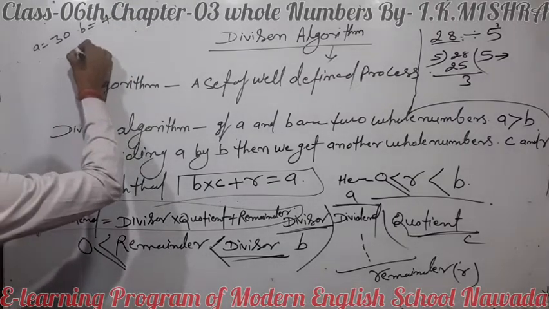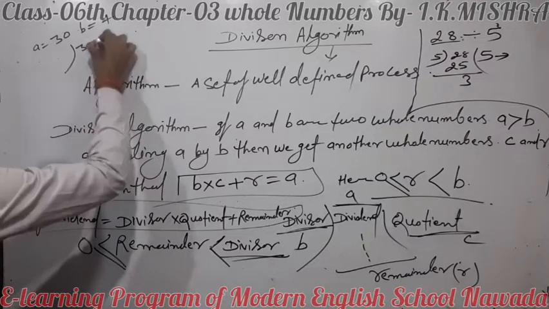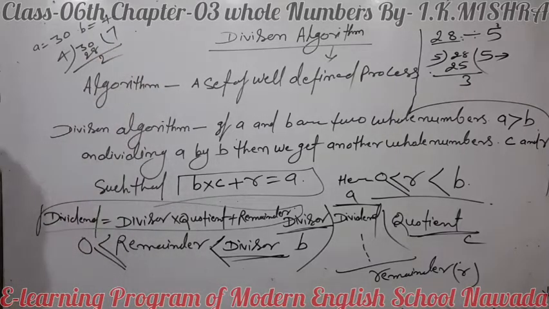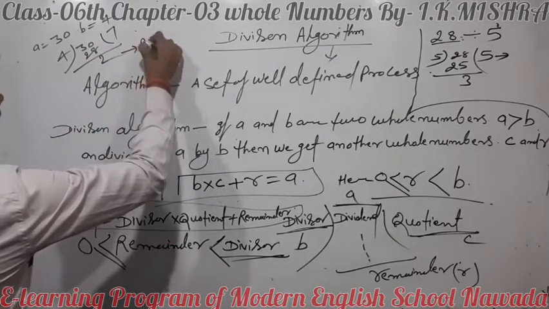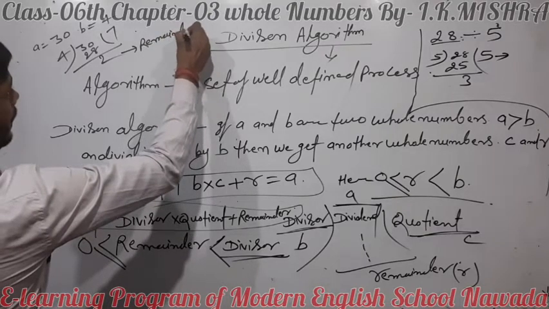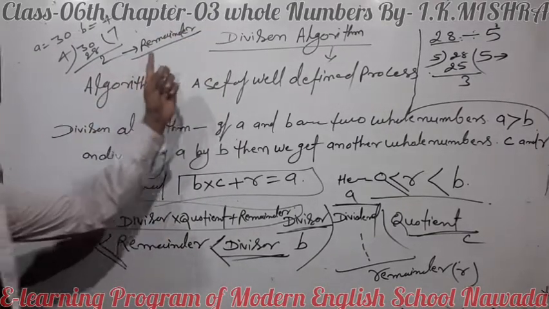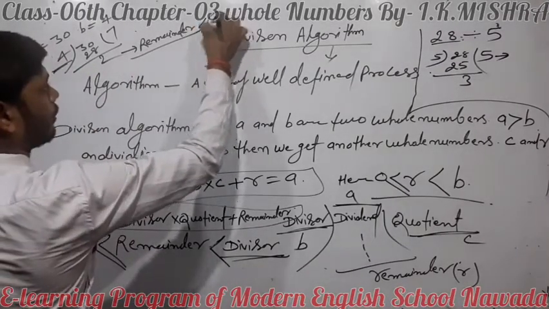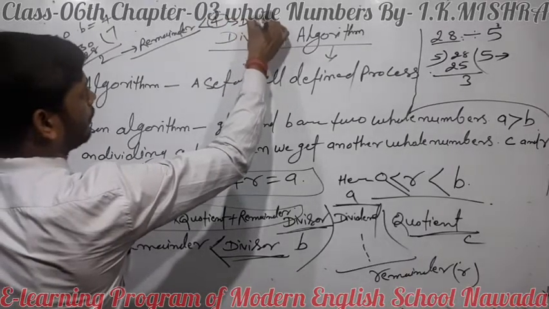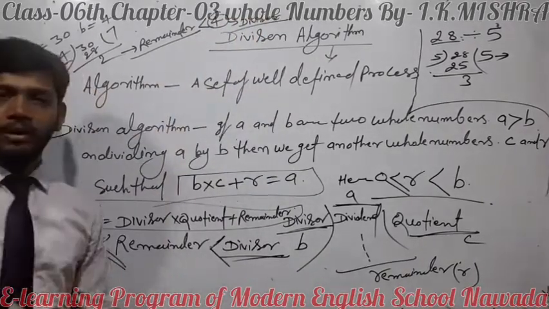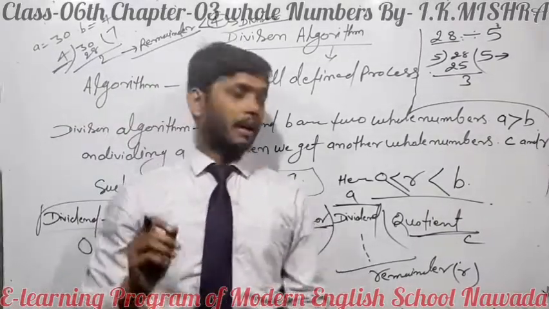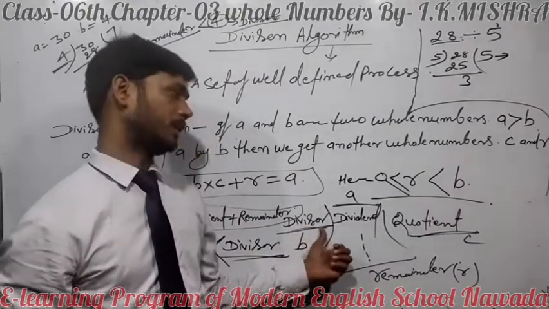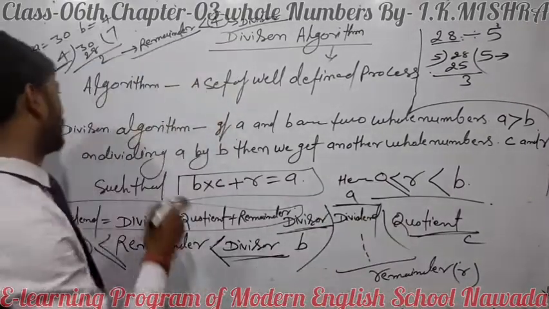Then you divide 30 by 4: 7 times 4 is 28, and 2 is the remainder, and its value is always less than the divisor 4. So students, in division always notice the remainder is always less than the divisor, and this is written in the statement.